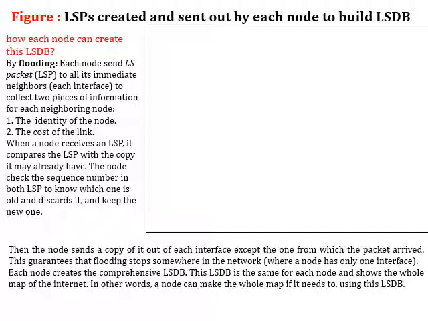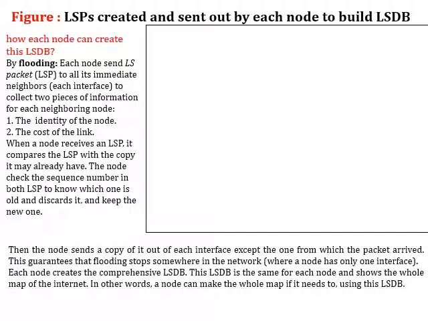By sharing the link state packet, they exchange these two pieces of information: which node is my neighbor and what is the cost of reaching that node, the link cost.